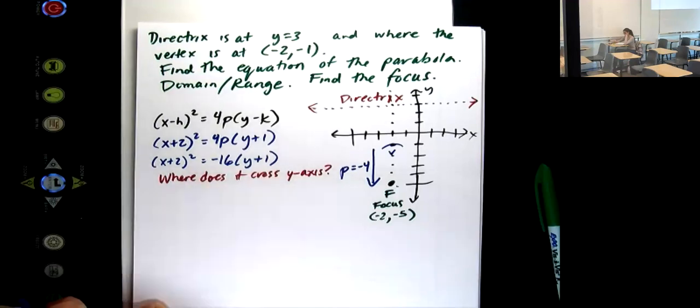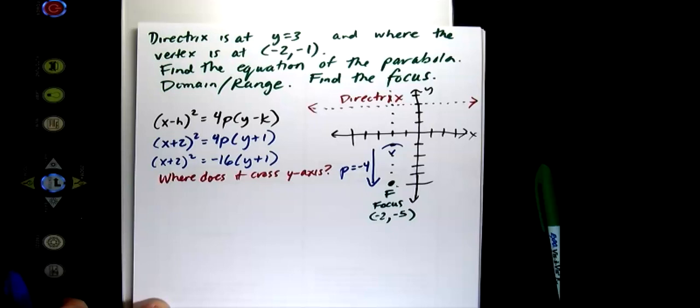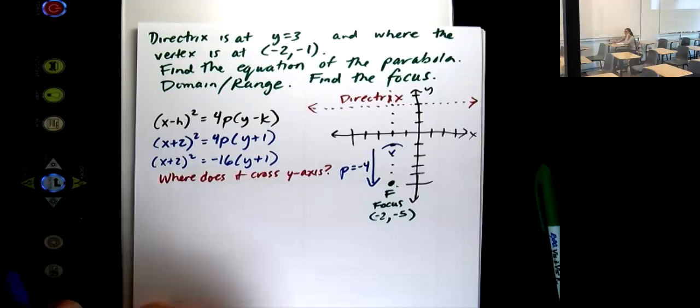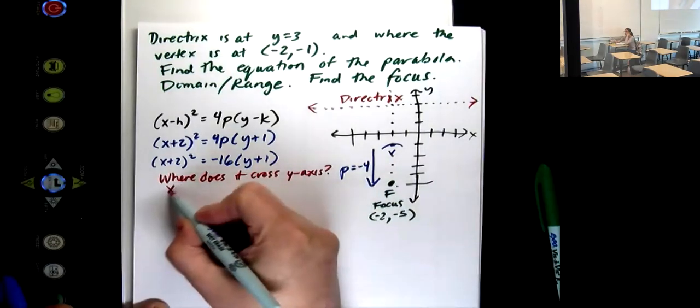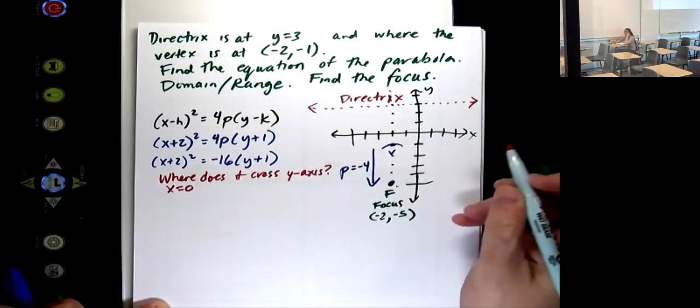What is the unique property of the y-axis? There's something very special about the y-axis. It's technically the line x equals 0. It's the only spot on the whole graph where x equals 0.